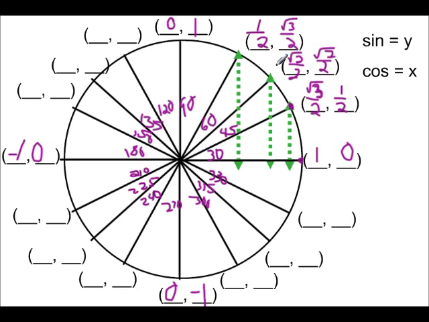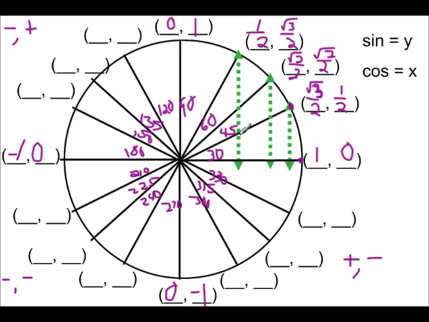So in quadrant 1 here, everything is positive. X is positive, y is positive. In quadrant 2, x is negative, but y is positive. In quadrant 3, they're both negative. And in quadrant 4, x is positive and y is negative.